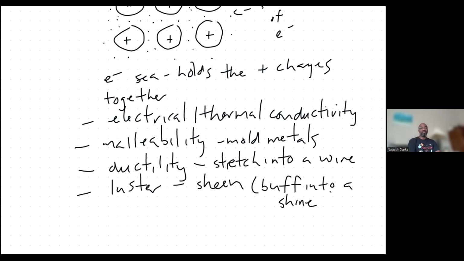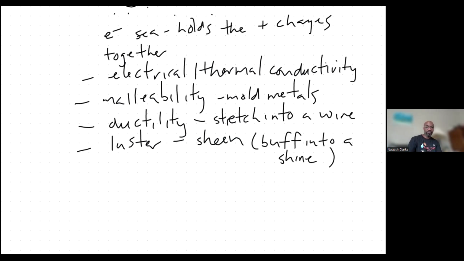If you have a ring, like I have a ring on my finger here, and it's a little dull, I can shine it up. Pure nonmetals cannot do that without falling apart. You can shine metals with a piece of cloth or something kind of abrasive to get any corrosion or dirt off. You can't do that with nonmetals.